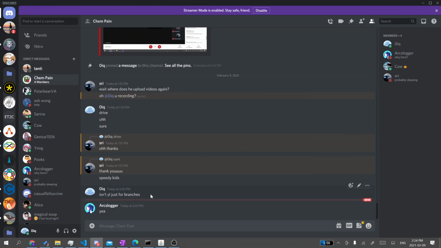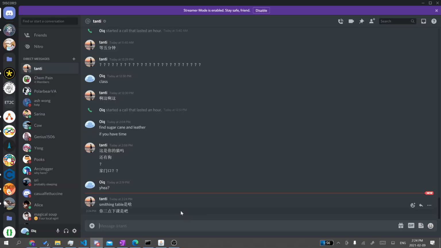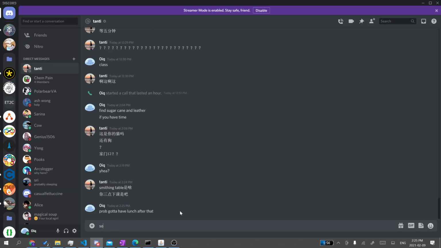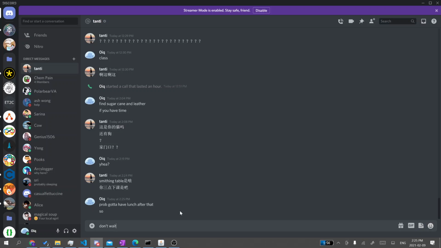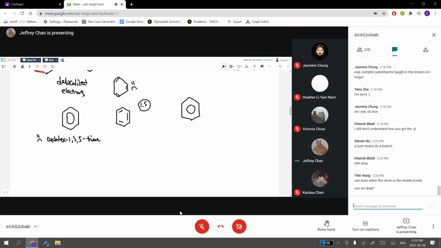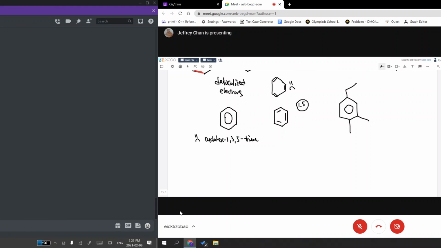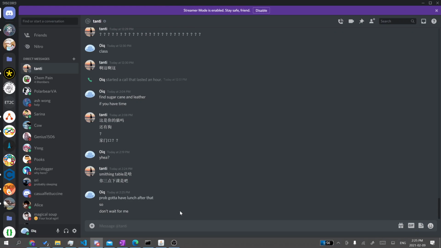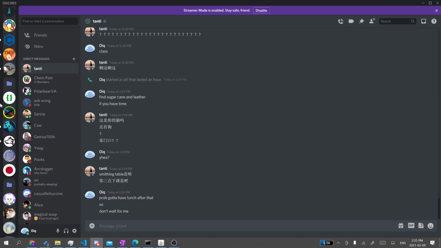All right. So in terms of naming, just like your cyclo compounds, you want to give the branches the lowest number as well. You don't really need to worry about the double bonds because, as mentioned, they rotate around. So question number 6 looks something like this. So you want to give them the lowest number possible.